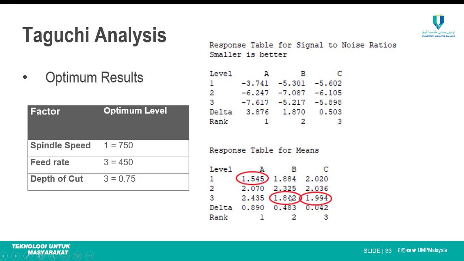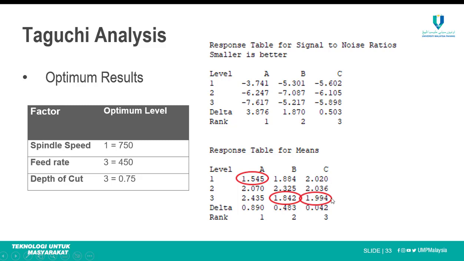For B, this is the smallest one, although it is roughly the same as level 1. Level 3 is 1.84 and level 1 is 1.88, so level 3 is slightly better than level 1.